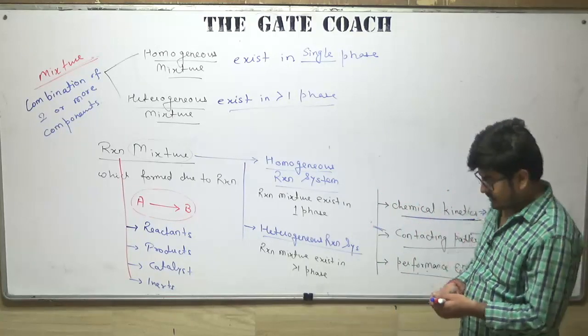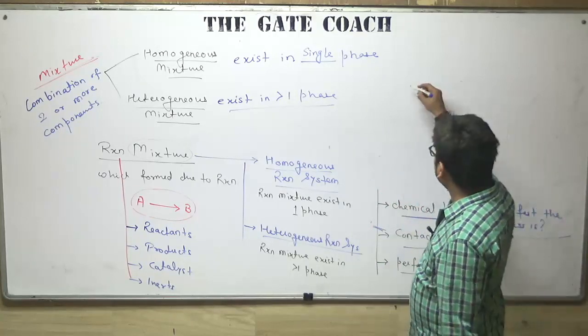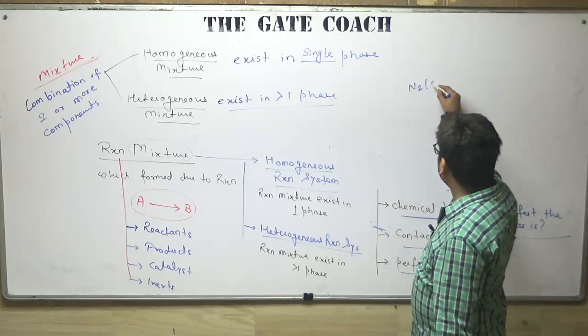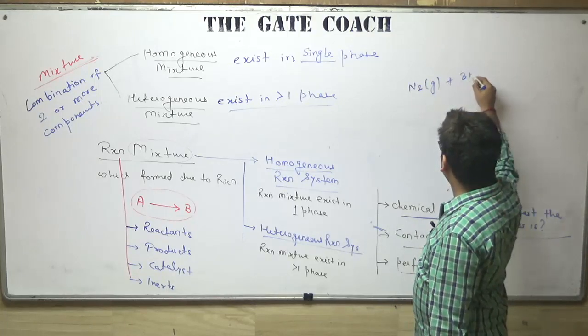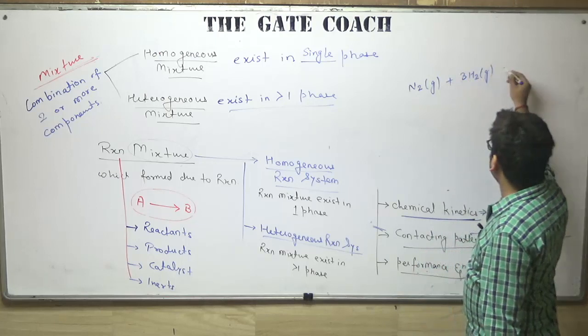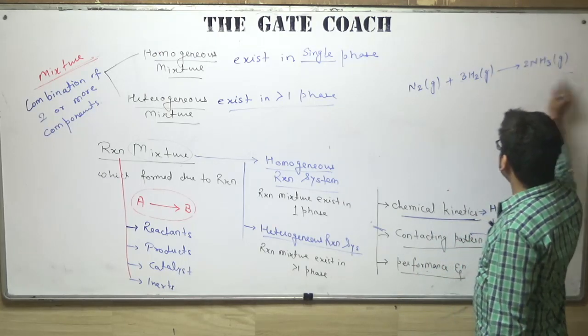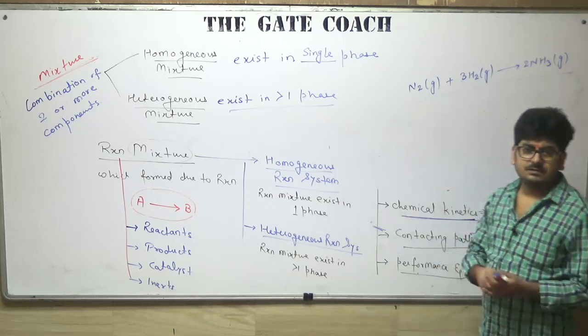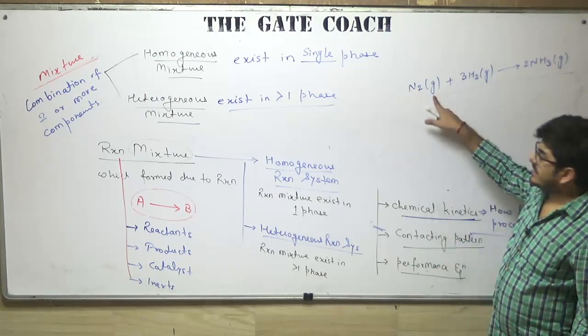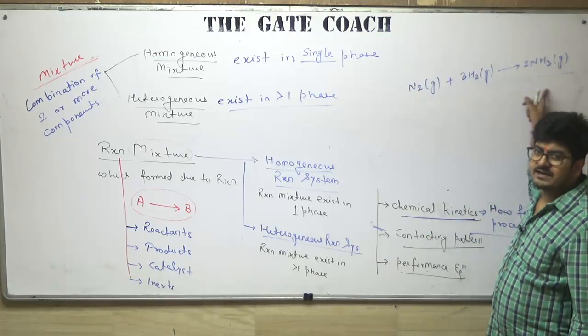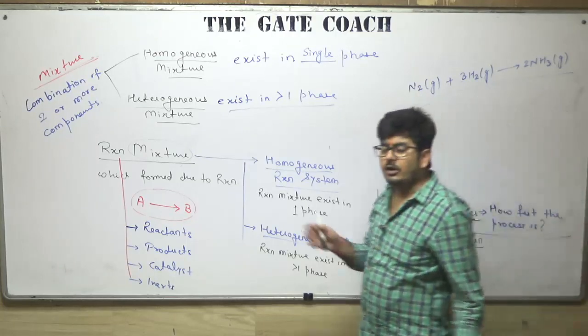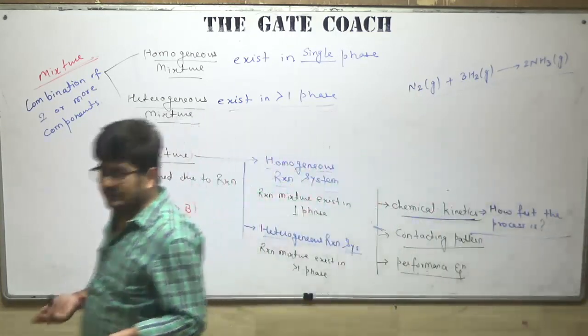So, let me take one example. When we talk about the ammonia synthesis, see, nitrogen gas phase, hydrogen gas phase, ammonia gas phase, and we know that all gases are completely miscible.